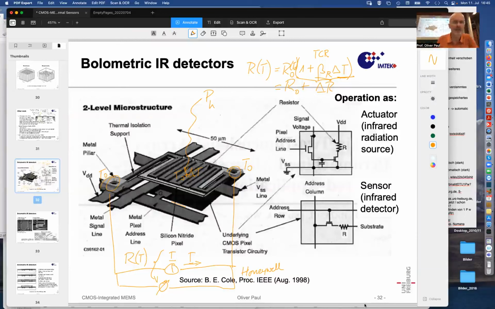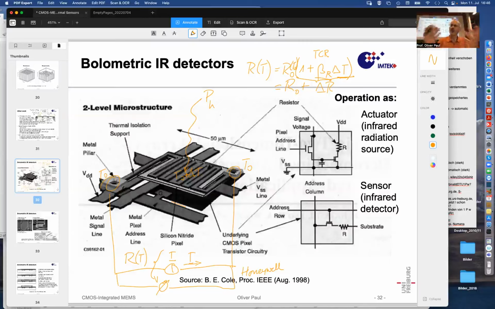And now let's also look at the size. So here we have 50 micrometers, so that's much smaller than the thermoelectric structures. And you also see some interesting feature, namely that this absorber has only a very weak mechanical link and weak thermal link, therefore, to the chip below.